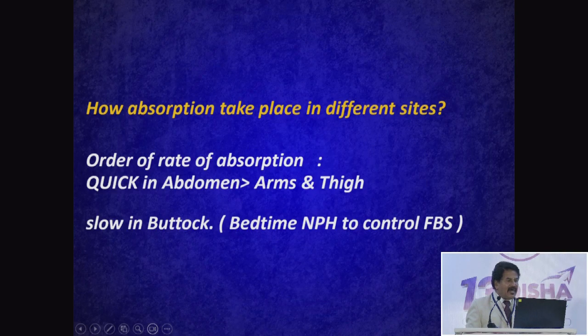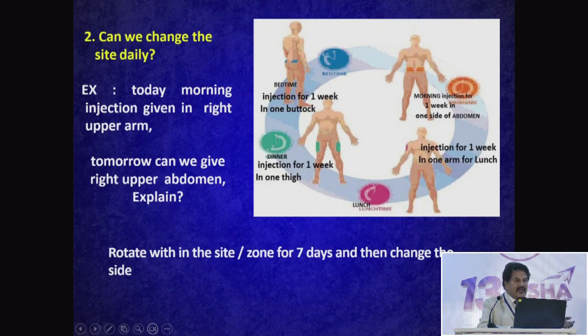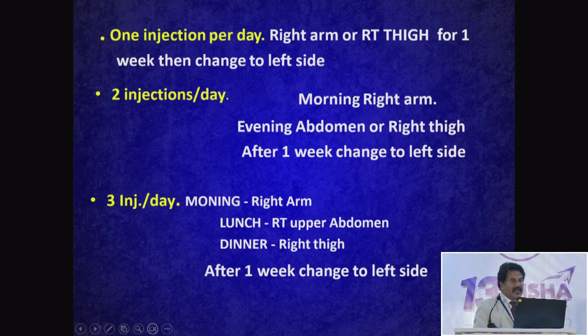As you all know, the order of the rate of absorption is quick in the abdomen, slow in the buttock, with arms and thigh in between. So can we change the site daily? No, we need not. Rotate within the site or zone for 7 days, then switch over to the opposite side. If a patient is taking one injection per day, either right arm or right thigh for 1 week, then they can change.